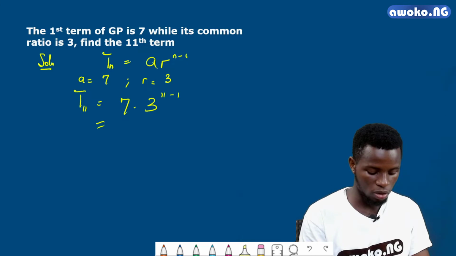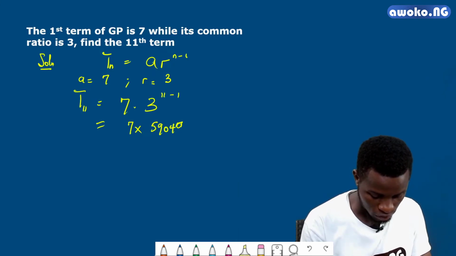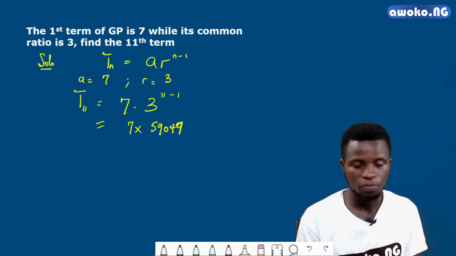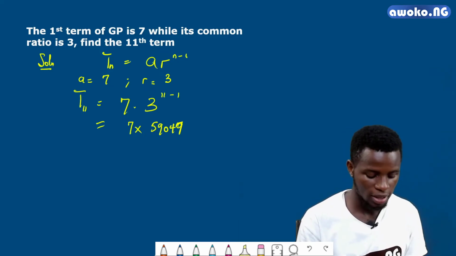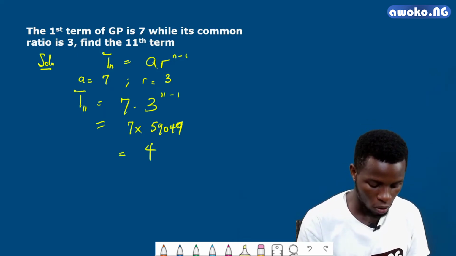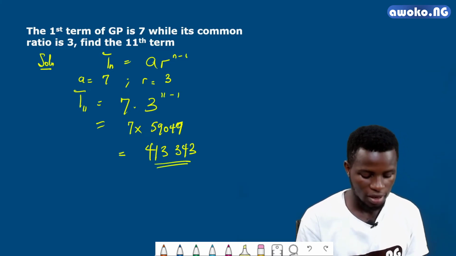So T11 is equal to 7 times 3 raised to the power of 10, which is equal to 59049. If you punch your calculator for the value of 3 raised to the power of 10, this is what we're going to get. Then if you multiply it by 7, the answer is going to give you 413,343 as the final answer.